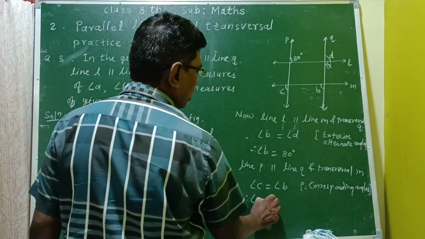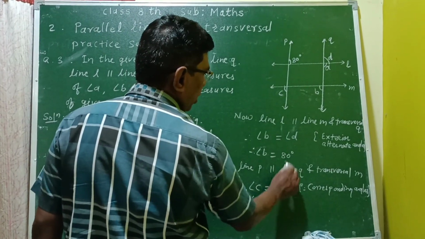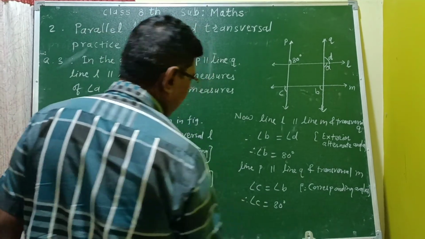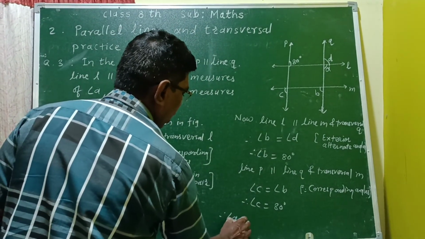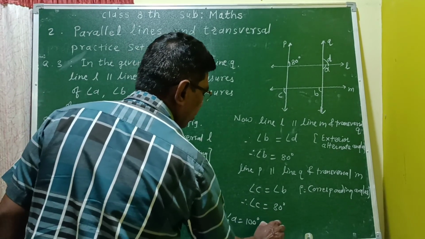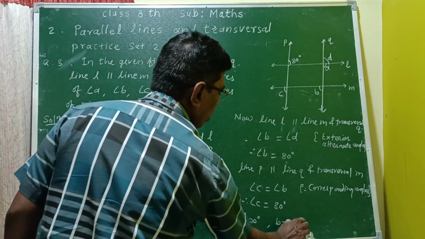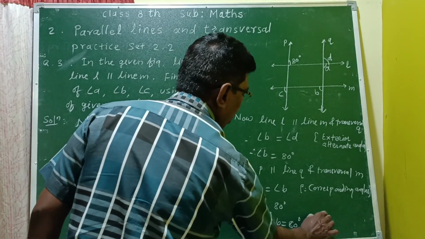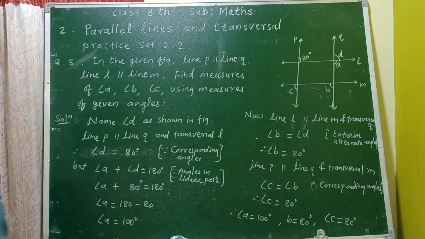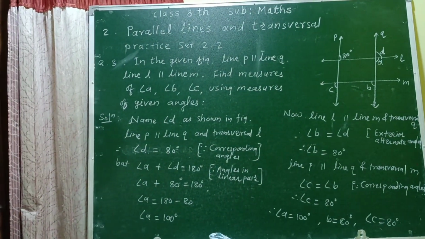Therefore, angle C is equal to the measure of B, which is 80 degrees. So angle A is equal to 100 degrees, angle B is equal to 80 degrees, angle C is equal to 80 degrees. In this way, we solve examples 1, 2 and 3.